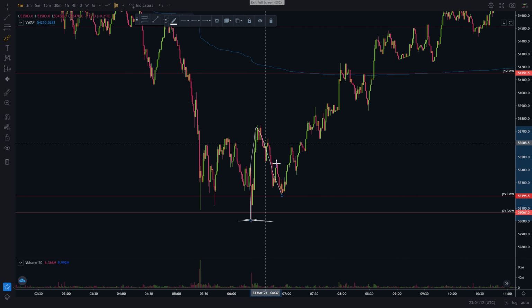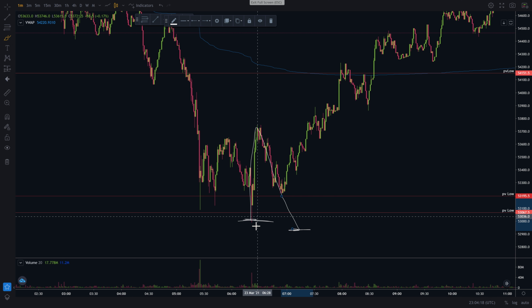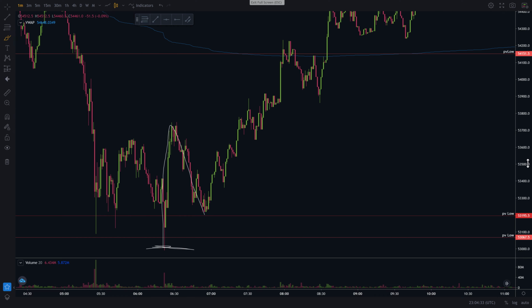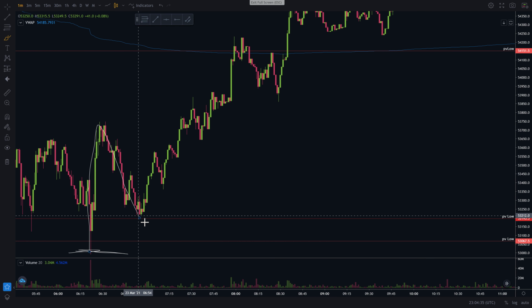We made first high, first low, and that low didn't go down under the previous low. Since that moment, you should know you should start buying Bitcoin in any correction, because this is the start of the uptrend.